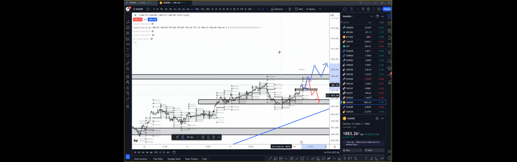On the daily time frame, whenever it changes from a bullish to bearish or bearish to bullish narrative, it's always a flip zone. A support will flip into a resistance, or a resistance will flip into a support. That will be the first indication of that bigger trend.